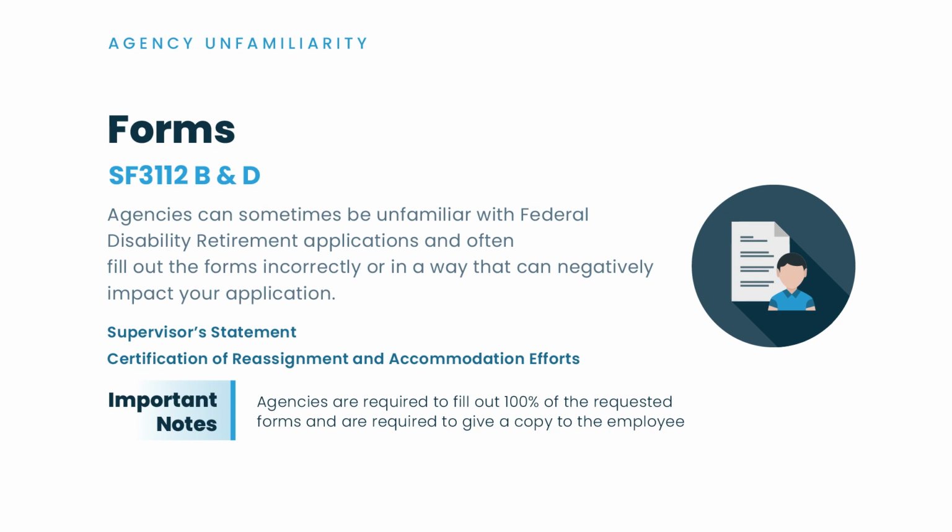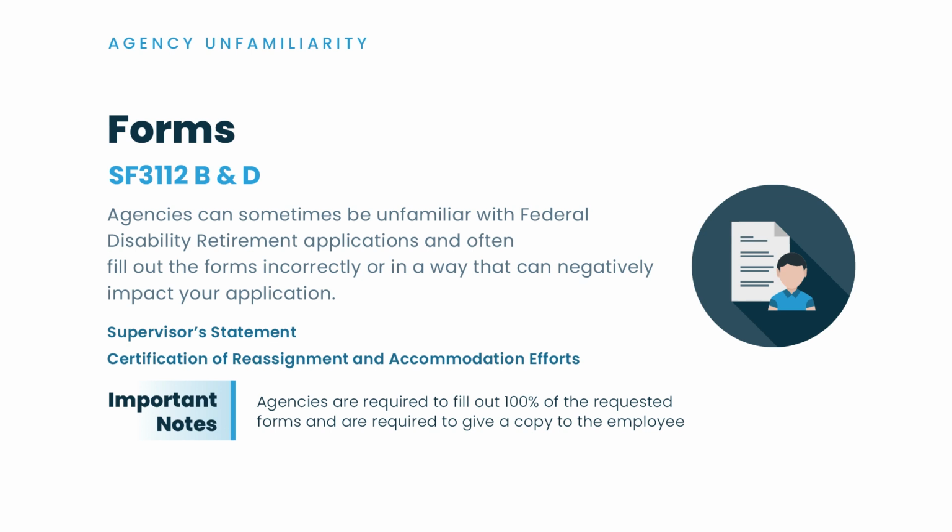And maybe they don't understand that the word accommodation has a very specific meaning for disability retirement. And so the form doesn't necessarily get completed in a helpful way. That's exactly right. And I really encourage clients who have a good relationship with their supervisor to either speak with them or have their supervisor speak with us so that we can walk them through that form and help them understand what the questions are asking and what's going to be the most supportive for that disability retirement.